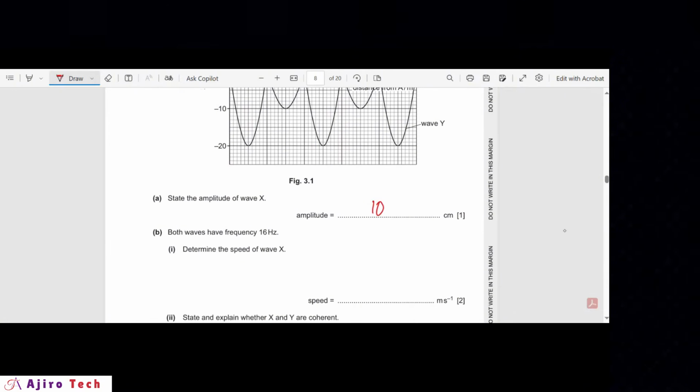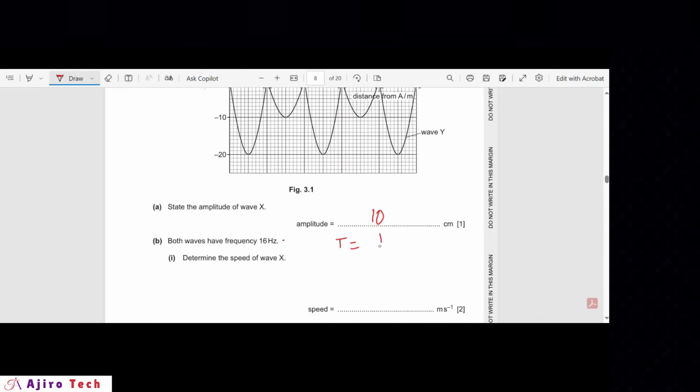Now both waves have the same frequency, meaning that they have the same period, because we know that period is 1 over frequency. As long as they have the same frequency, automatically they have the same period. And those two waves are said to have a constant phase difference.